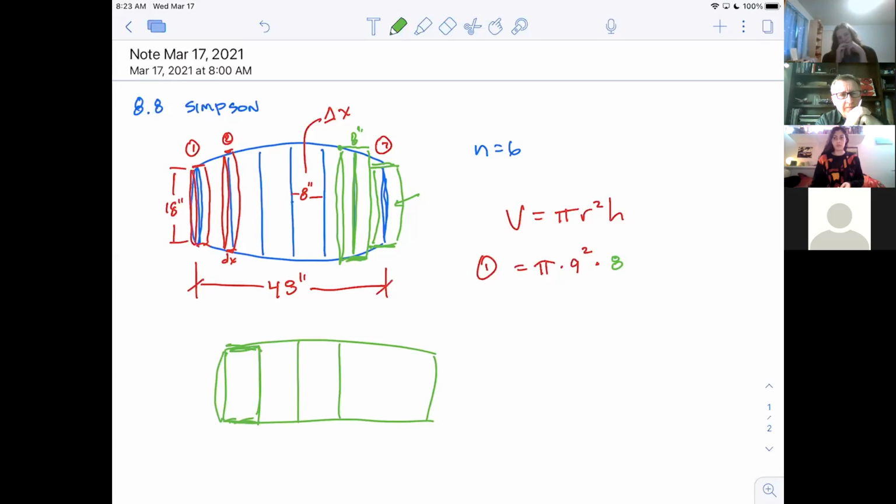And again, I think it was Caesar that said this. Then I could use the midpoint for that. So does it make sense that, even though n is 6, we need an odd number of actual cylinders to get this to work? Do you understand what I mean by that?